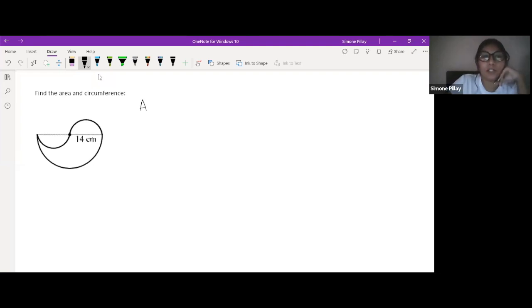What's the formula of area? Pi times radius squared. Okay. Now, how do you think you're going to get the area? Is this a full circle? Ma'am, I think because we're given the radius, it's going to be easy to solve.